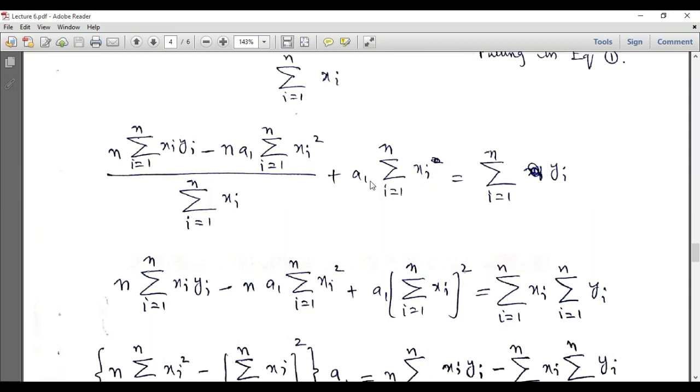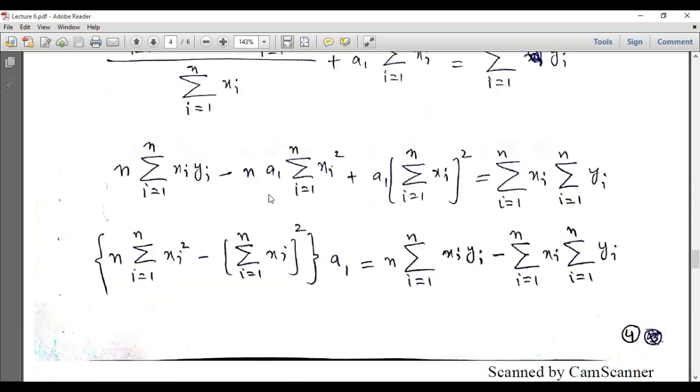This will become a1 summation i equal to 1 to n xi whole square, and this will become summation i equal to 1 to n yi and summation i equal to 1 to n xi. From here, we can collect all the terms containing a1, and all the terms without a1 can be taken to the right hand side, and a1 can be written as these two summations divided by these two summations.